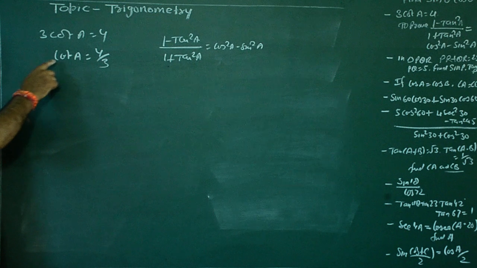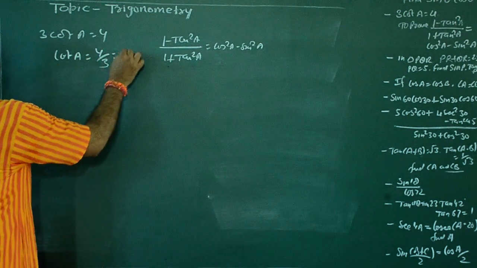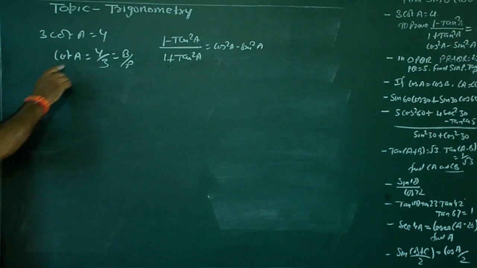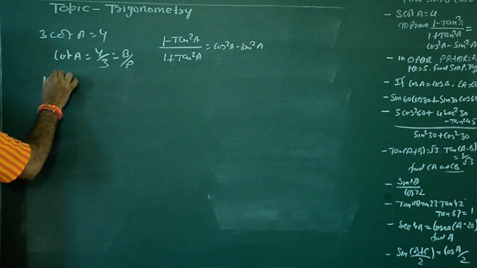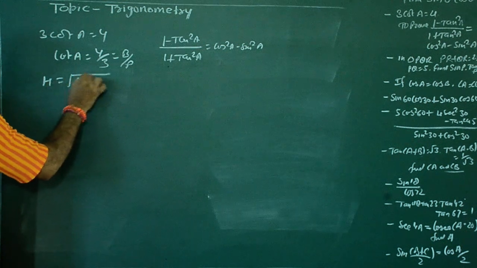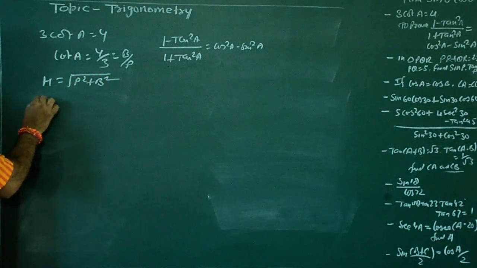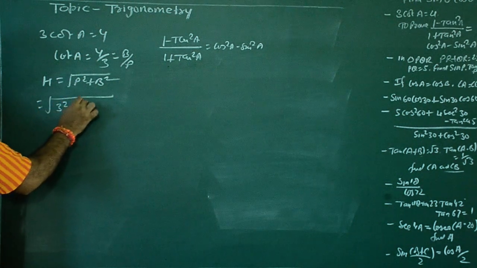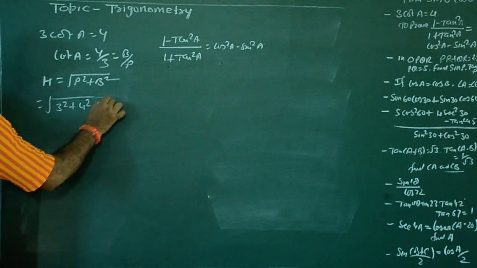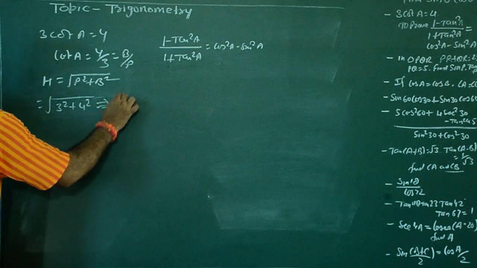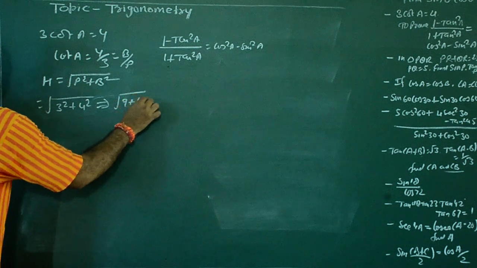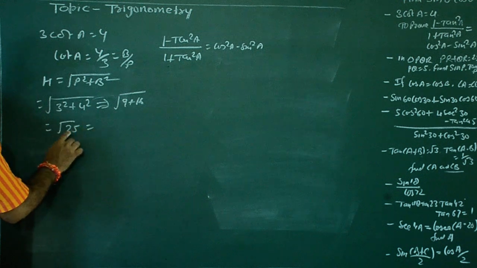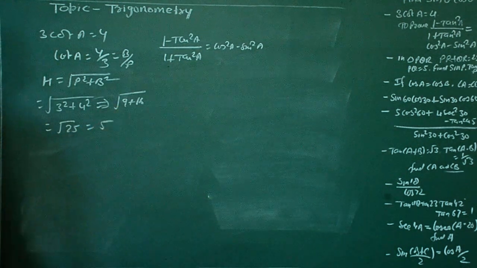Come on. Cot a 4 upon 3 and its formula will be b upon p. It means you need here hypotenuse. Using Pythagoras theorem, you have got here h equal to root p square plus b square. So put the value for p and b, and you have got here 3 square plus 4 square, and then you have got 9 plus 16 equal to root 25, and if you will get here the result of this number, you will get here 5.